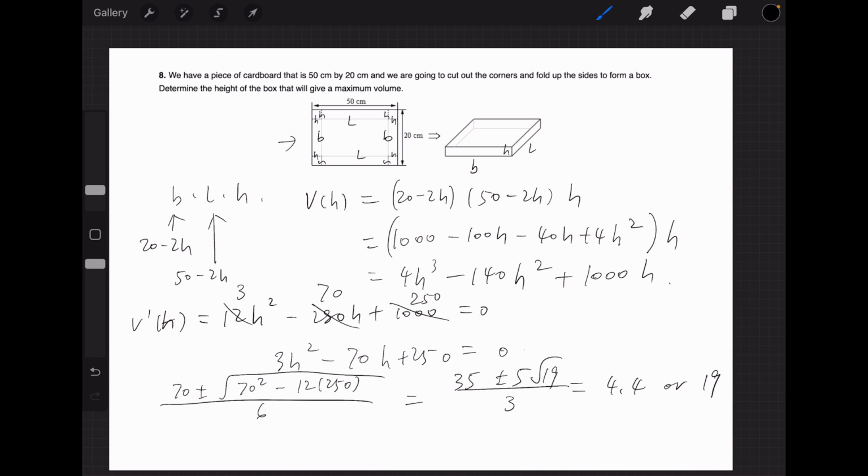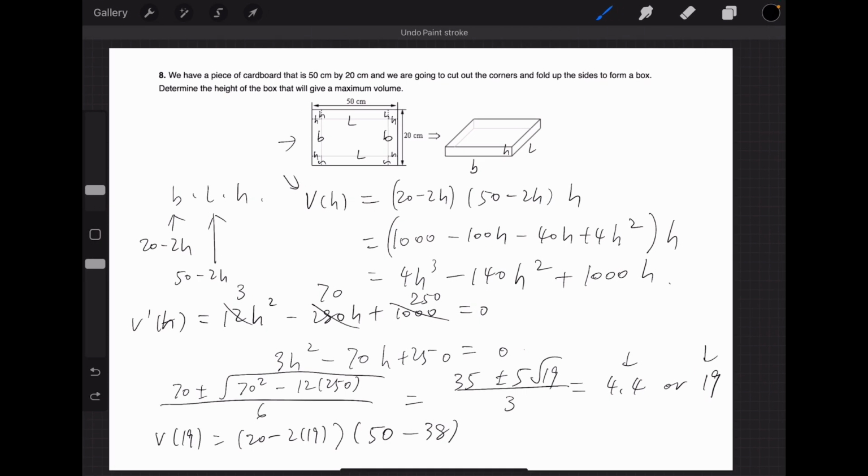Now the last thing to do is to plug those numbers, the roots of the equation, back into our initial formula to see which one would be bigger. If we plug in 19, we get 20 minus 2 times 19, times 50 minus 38, times 19.